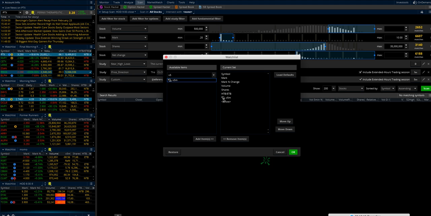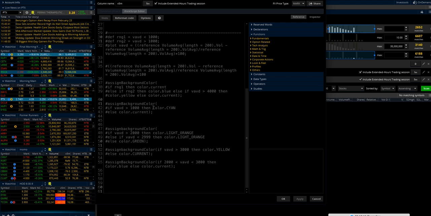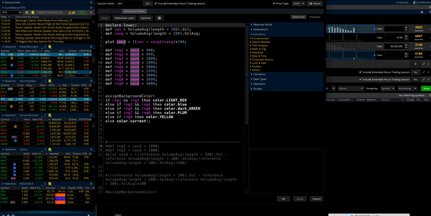Okay, so what I had to do was I went in here and as you can tell, I've been messing around trying to get the code correct. What had happened before was I had the code, but I could only have one color at a time. Whenever I would go to if else statements, I would say, if it's greater than 1,000, give me this color.